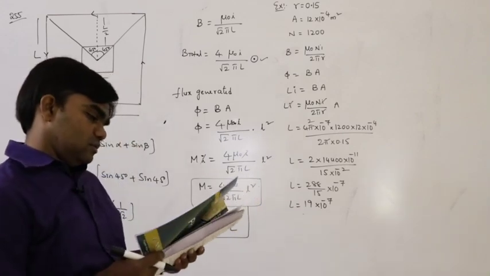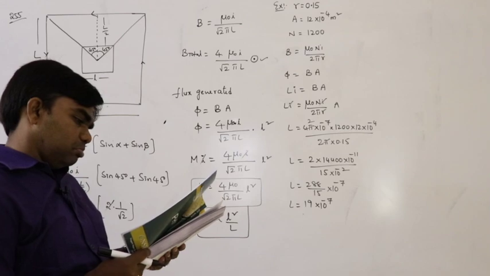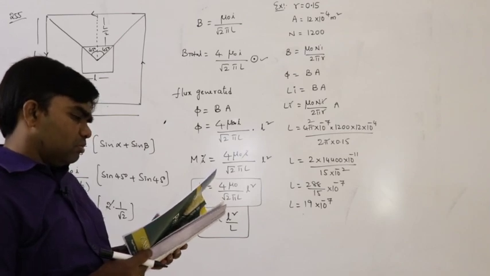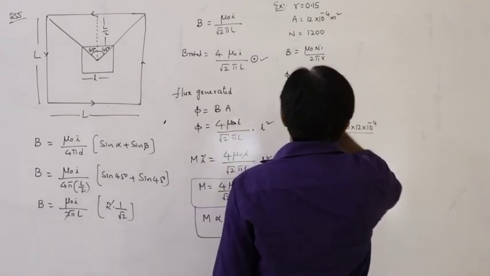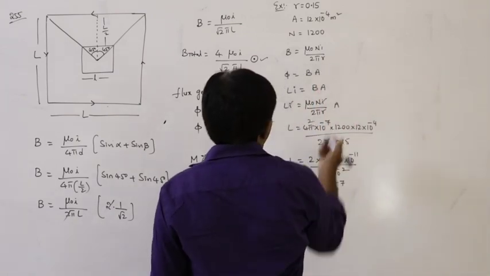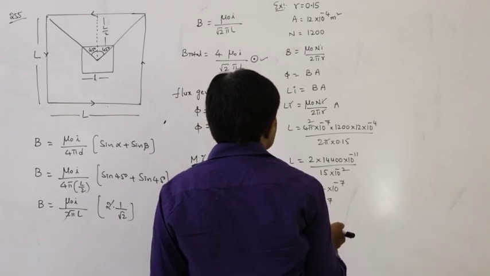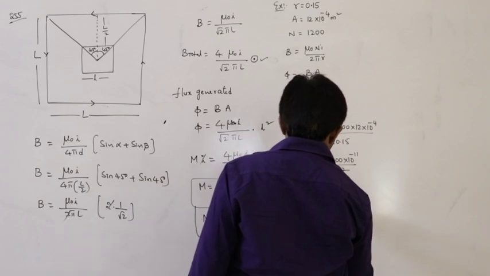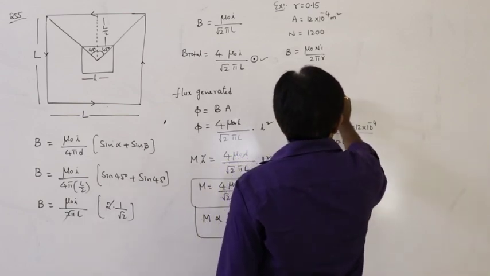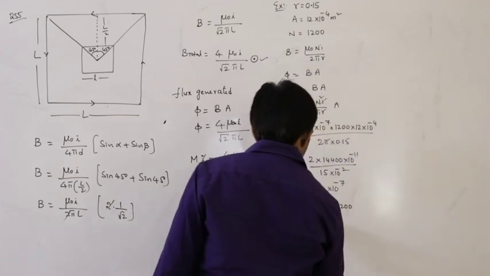Sorry, total flux we have to calculate. Sorry, N square we have to do, into 1200.